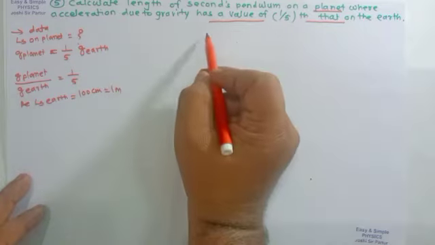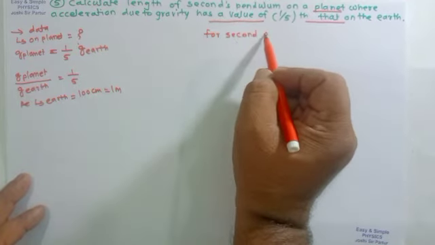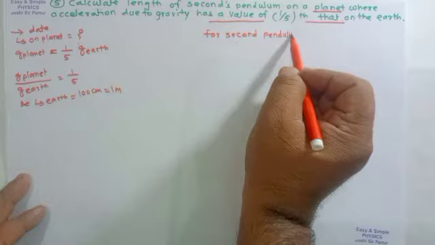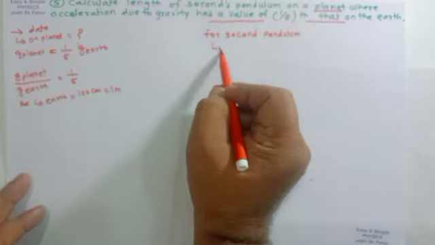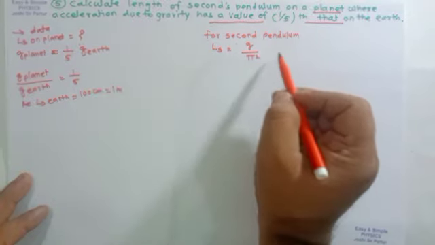So that for second pendulum, length of second pendulum is equal to g upon pi square.